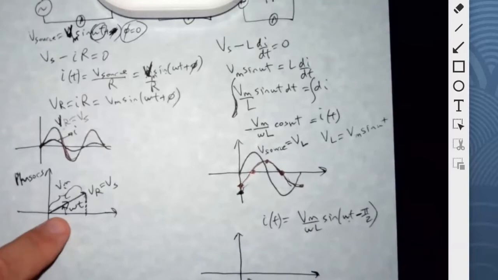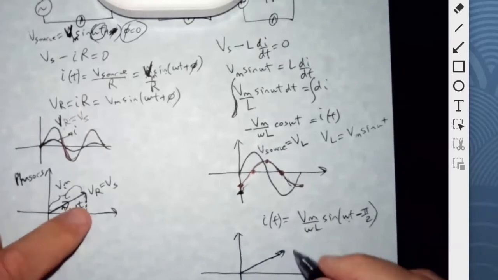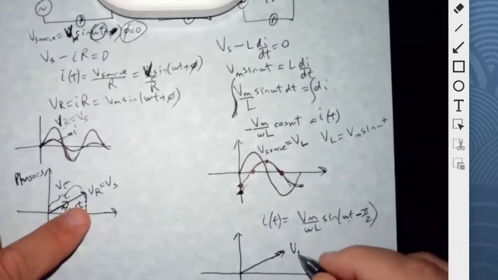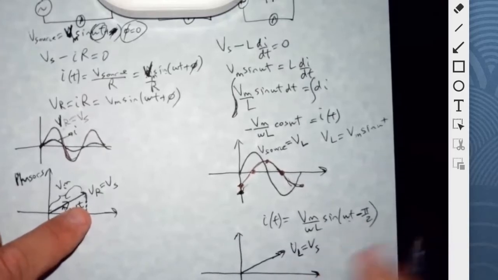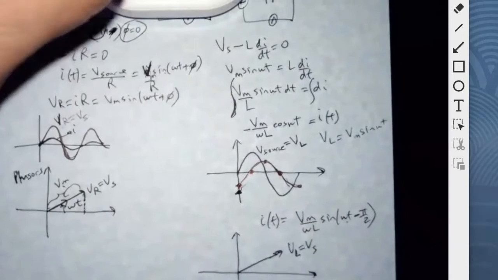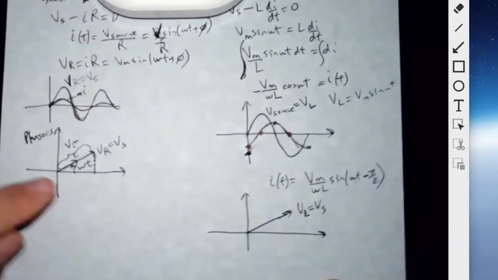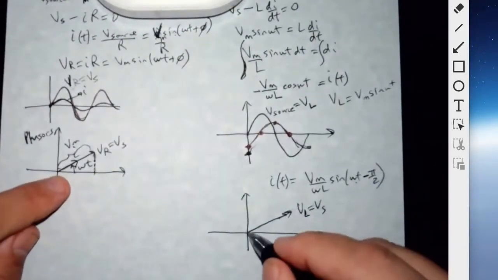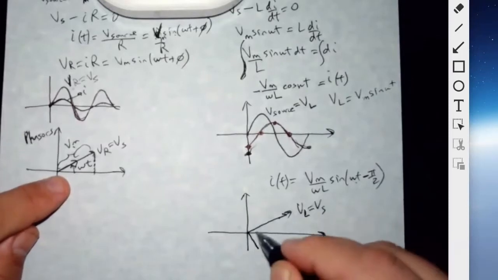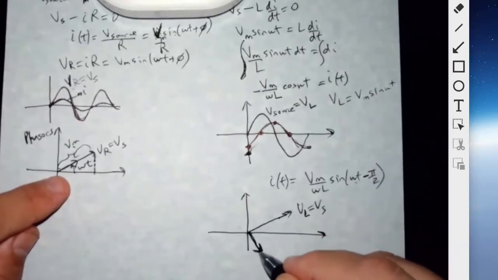If I draw the voltage of the inductor and the voltage of the source, they're equal, right? So what would the current look like? The current would be behind both of them by pi over 2 radians.